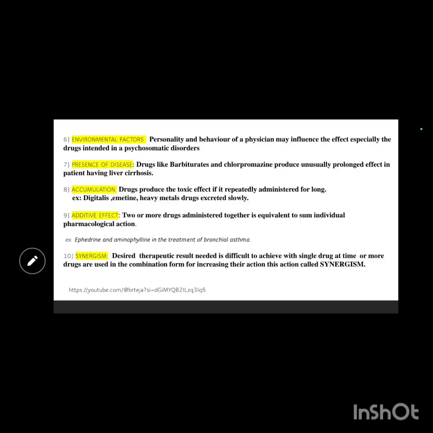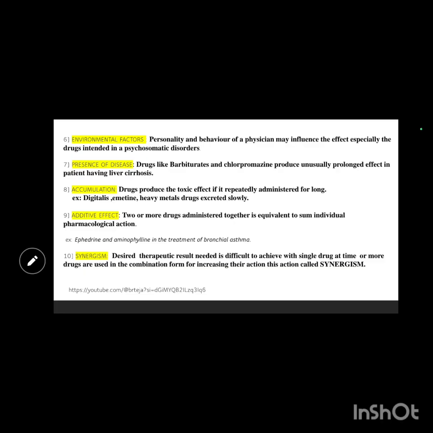Presence of disease. Drugs like barbiturates and chlorpromazine may produce unusually prolonged effects in patients having liver cirrhosis, and streptomycin produces toxic effects in patients whose kidney function is not working properly, because streptomycin is an antibiotic excreted through the kidney.